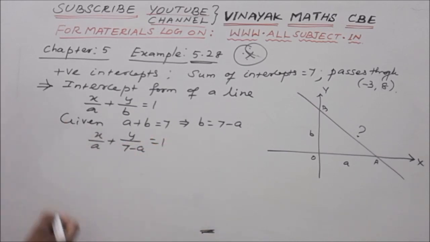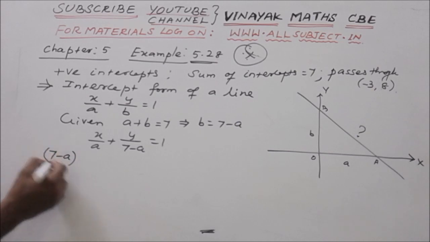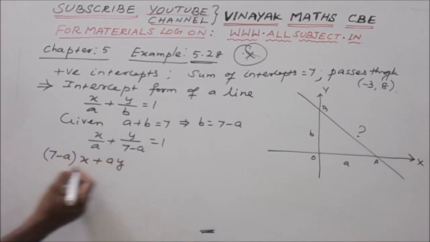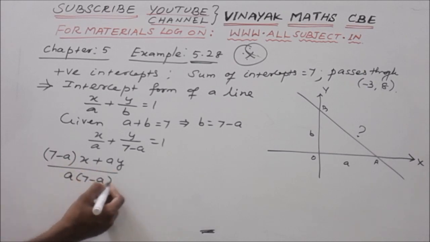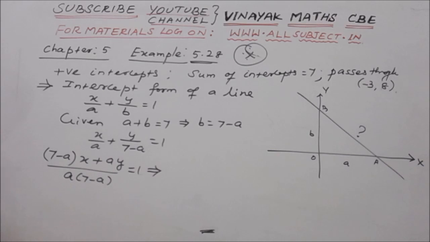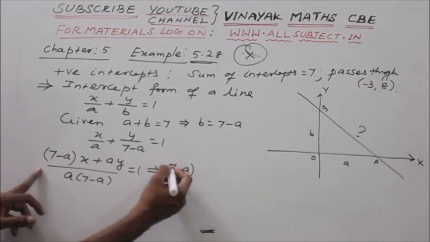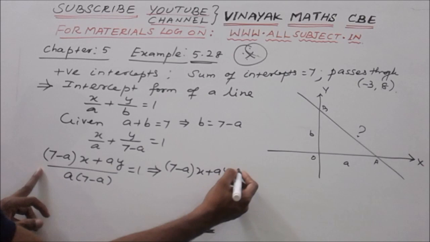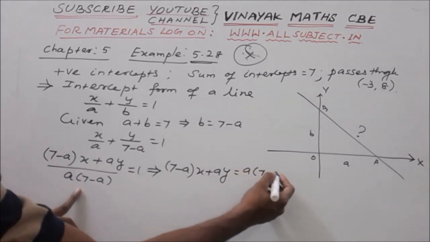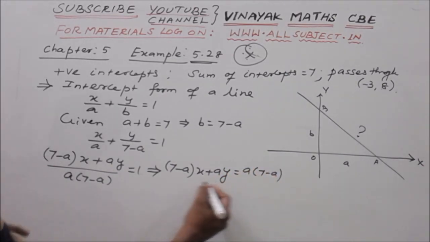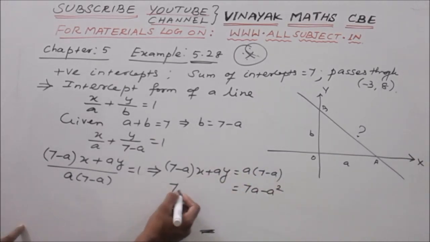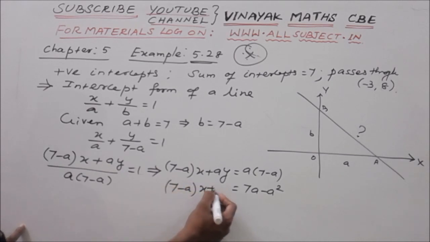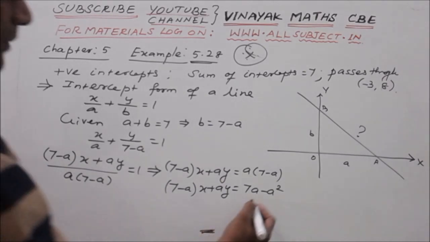Now cross multiply here. (7 minus a) into x plus ay divided by a into (7 minus a) equal to 1, which implies (7 minus a) x plus ay equal to a into (7 minus a). Now multiply inside: (7 minus a) x plus ay equal to 7a minus a square. Let it be equation number 1.